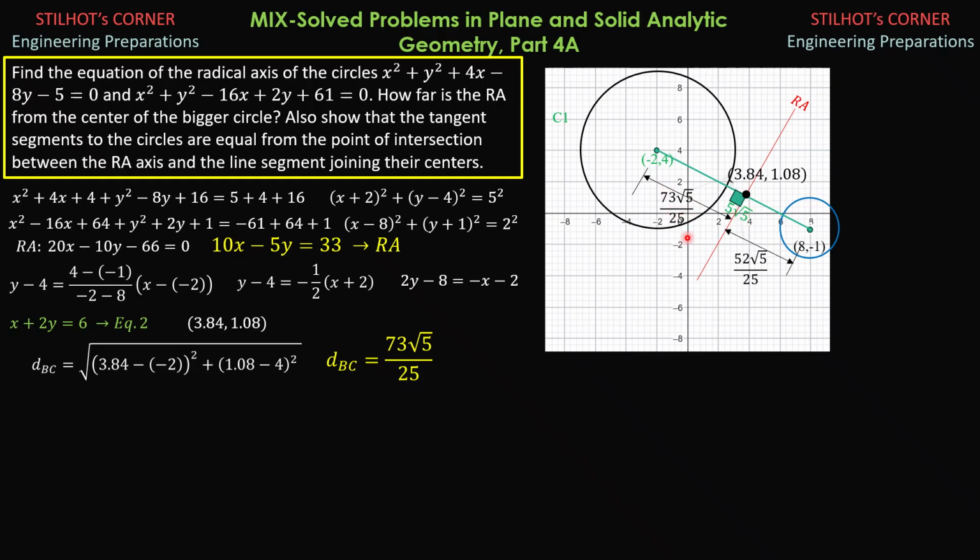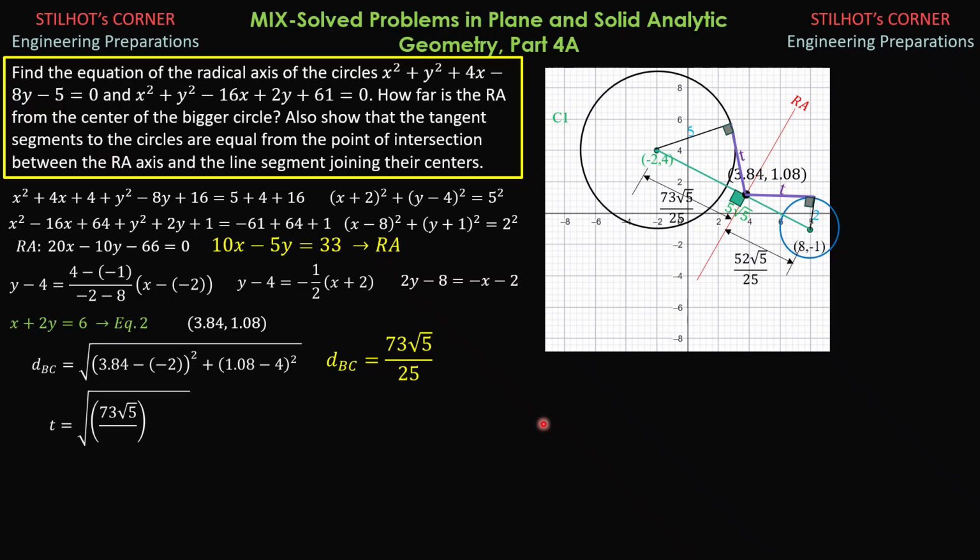We can now compute the length of the tangent segments, tangent to the big circle and tangent to the small circle. Let us show that these tangent segments are equal, because that's the definition of the radical axis for the third case, non-overlapping circles. So from the figure, t is the square root of the hypotenuse, which is (73 square root of 5 over 25) squared, minus the radius of the big circle squared.